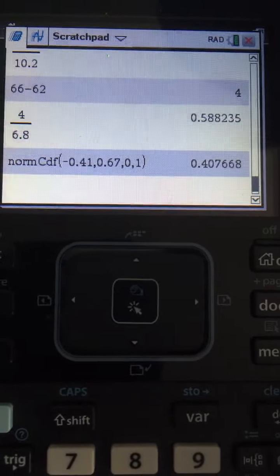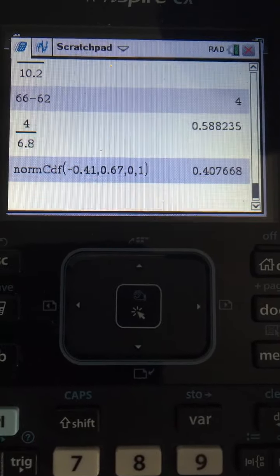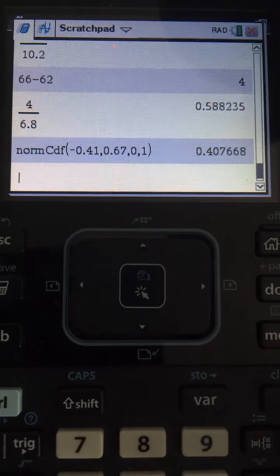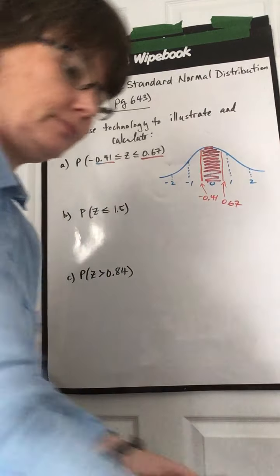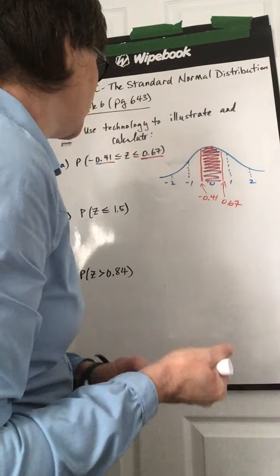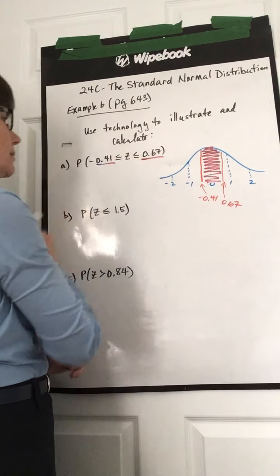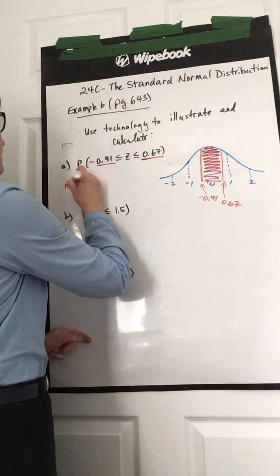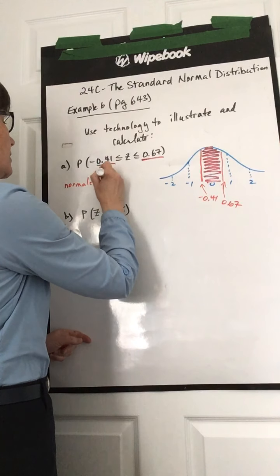And our answer, look how it should be notated. Normal CDF, lower bound, upper bound, mean, standard deviation in brackets, and your answer. So we then have normal CDF. This is how we can notate this on our calculator.